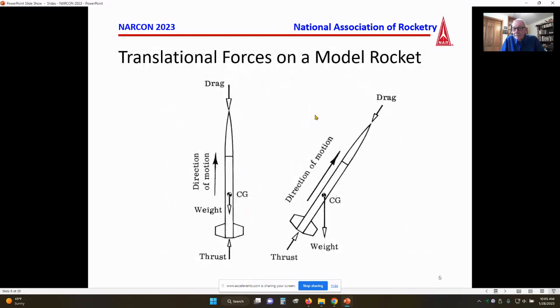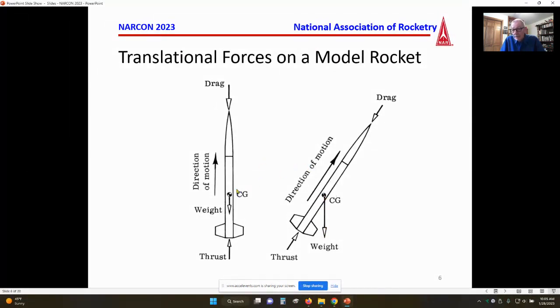The rocket motion is caused, of course, by the thrust opposed by the drag, and it's affected strongly by the weight. And of course, the thrust has got to overcome the weight as well as the drag in order to get good motion. The key thing about these translational forces, even when it's off at an angle to the horizontal or to the vertical, the weight is trying to pull it down.